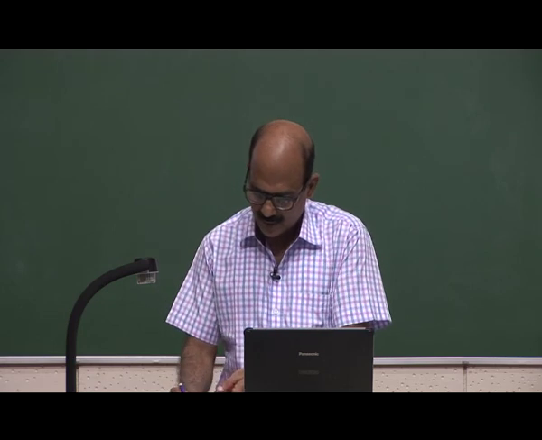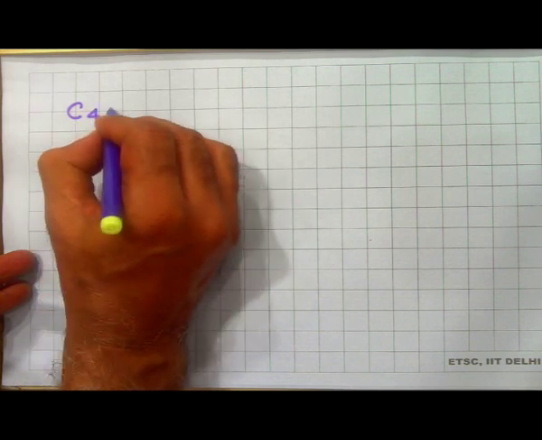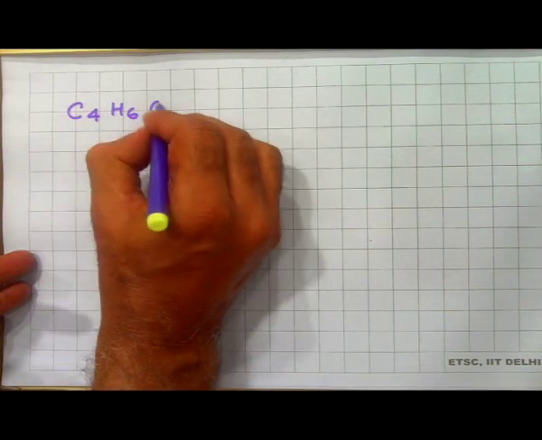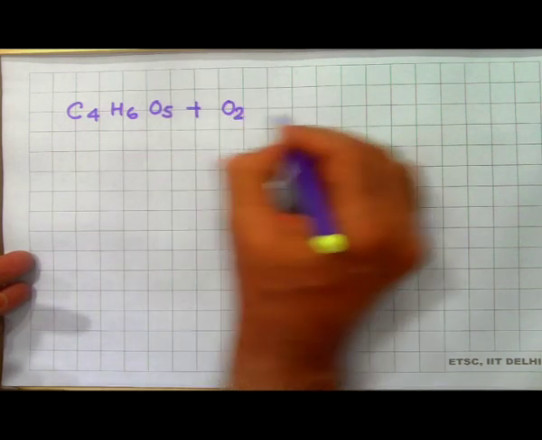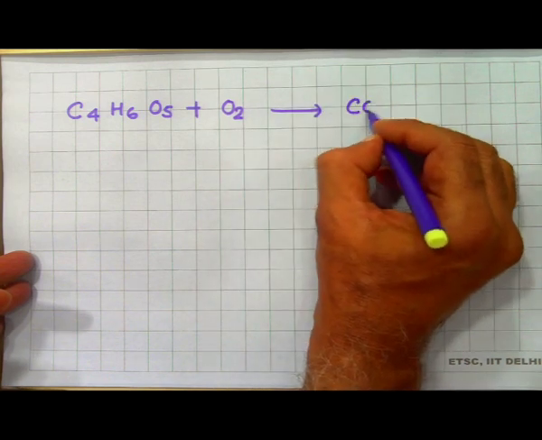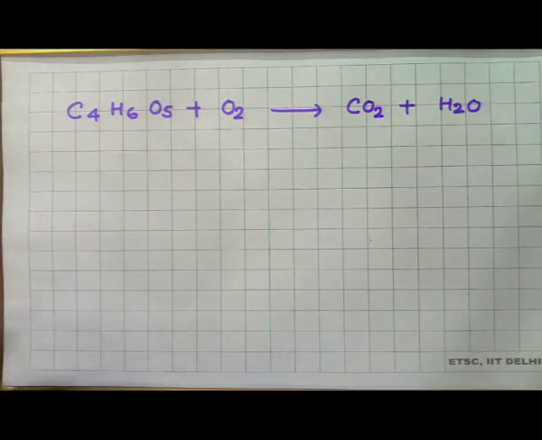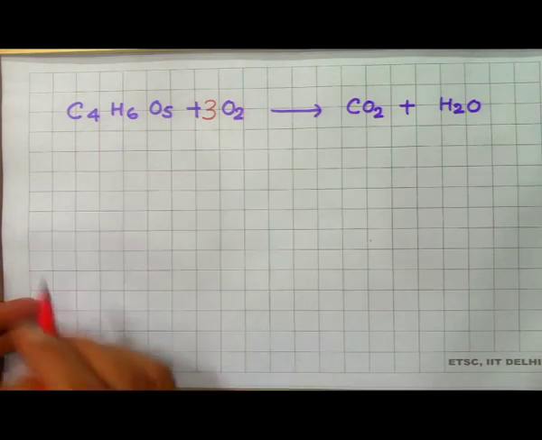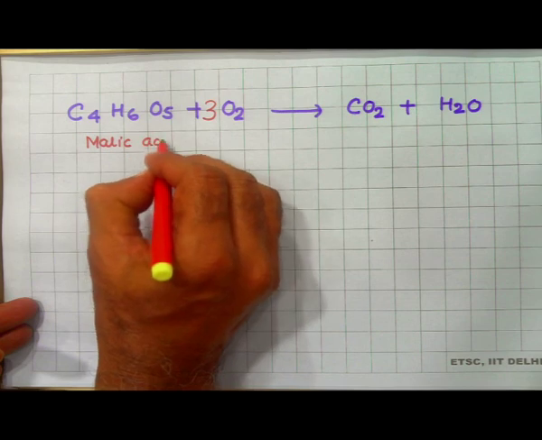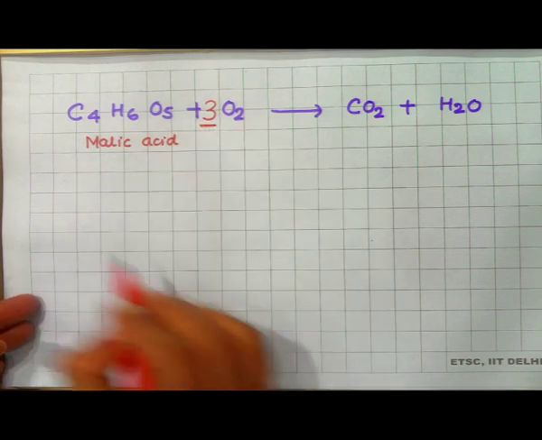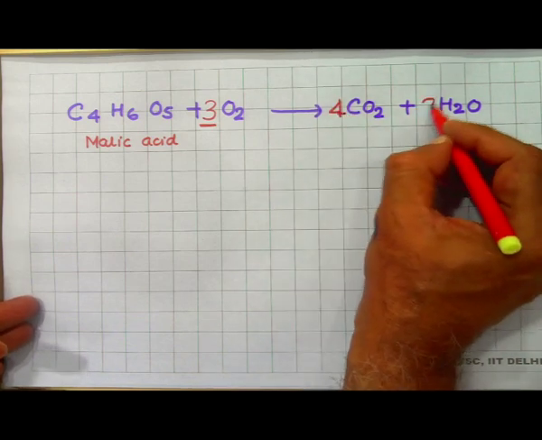Let us consider another example of malic acid, C4H6O5. This is the formula of malic acid. When combined with oxygen, it also gives carbon dioxide and water. When we balance this reaction, 1 molecule of malic acid combined with 3 molecules of O2 gives 4 molecules of carbon dioxide and 3 molecules of H2O.